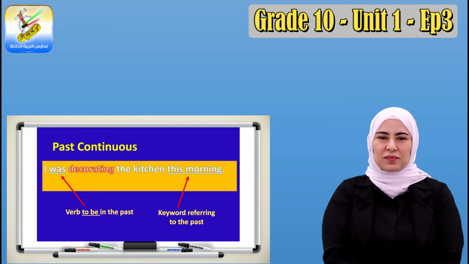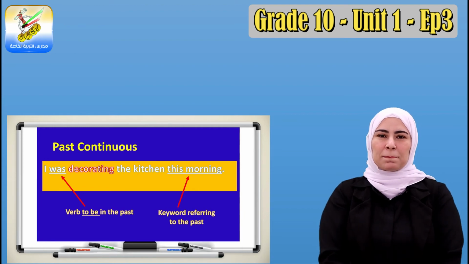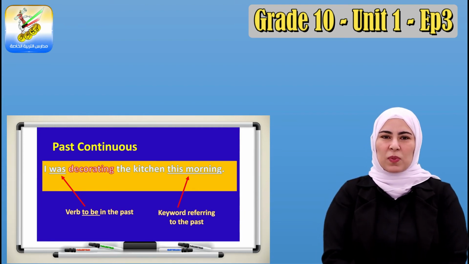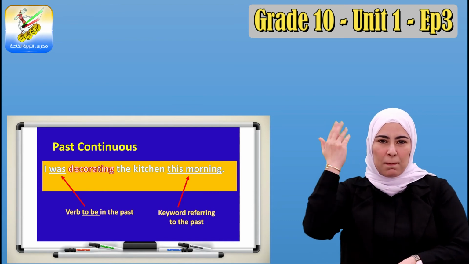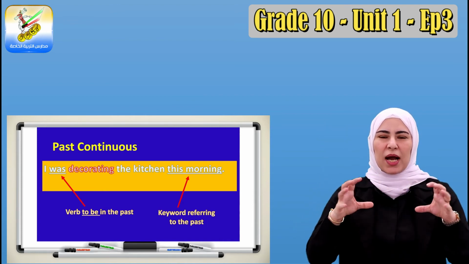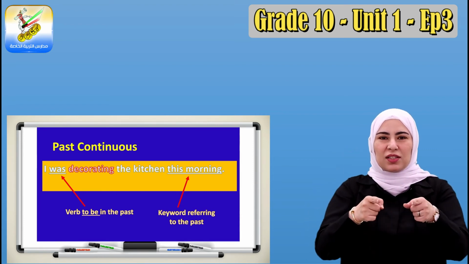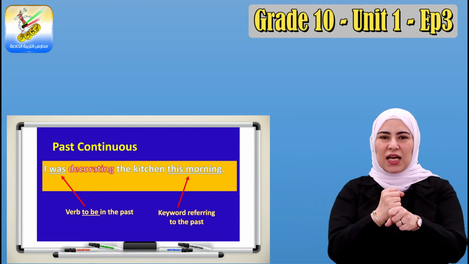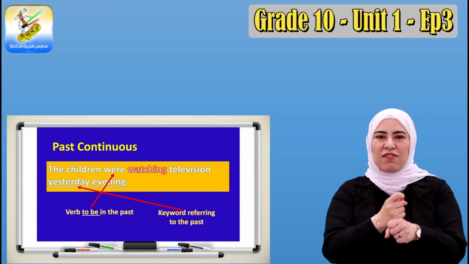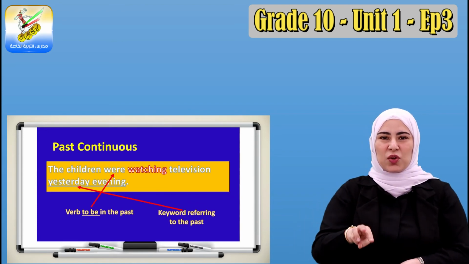What I'm trying to say is that the past continuous basically refers to something that happened in the past and was progressing and happening at that time. That's why I use the ing with the verb. For example, the children were watching television yesterday evening.